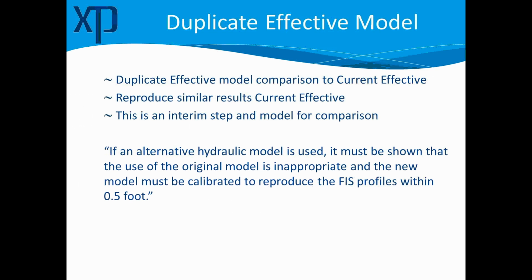So the duplicate effective model is really mimicking or intended to produce similar or the same results as the current effective model. Now, practically speaking, this is a very important step. When we have, say, a HEC2 current effective model, and we want to build an integrated 1D, 2D model, we essentially are mimicking the current effective model in this duplicate effective model.